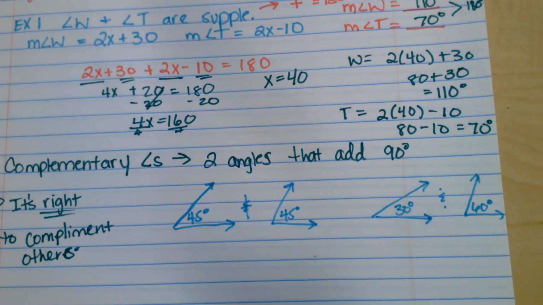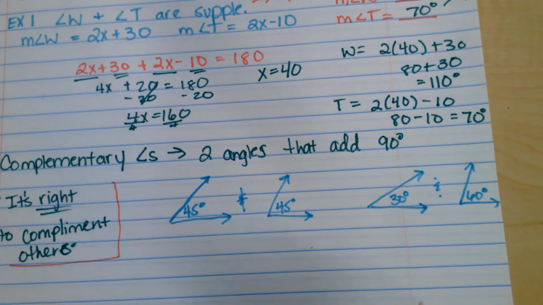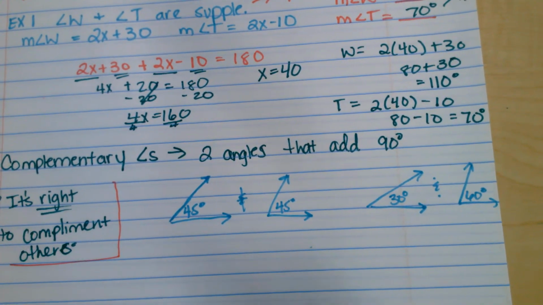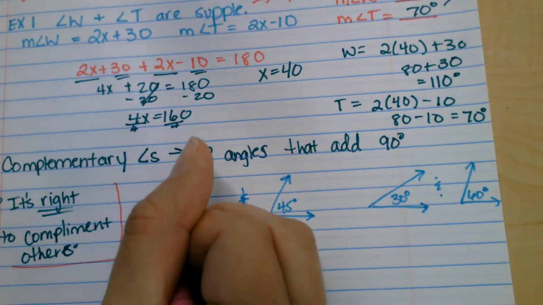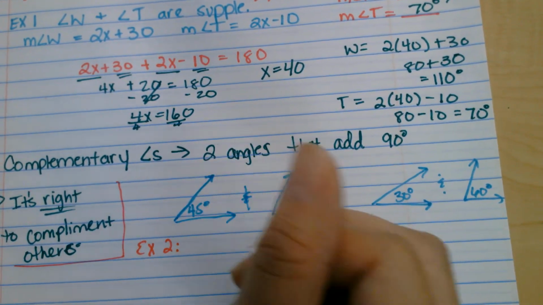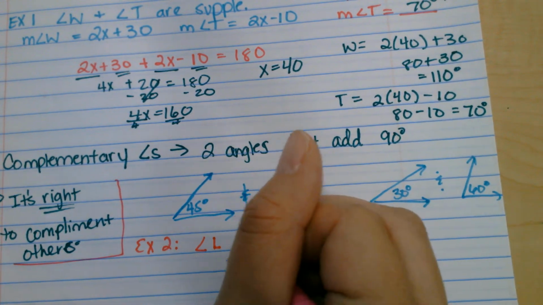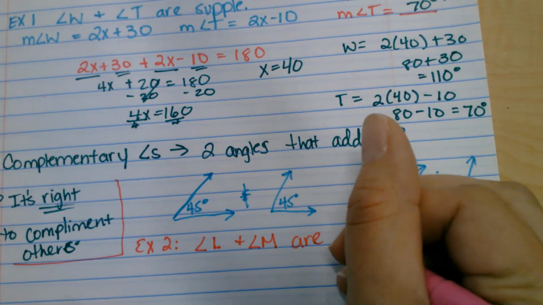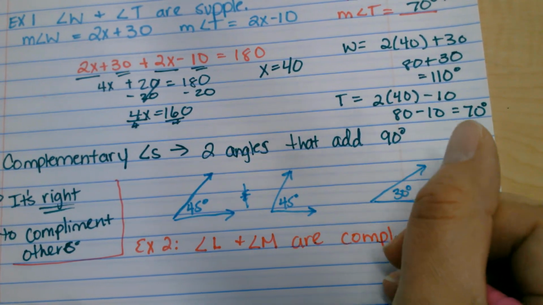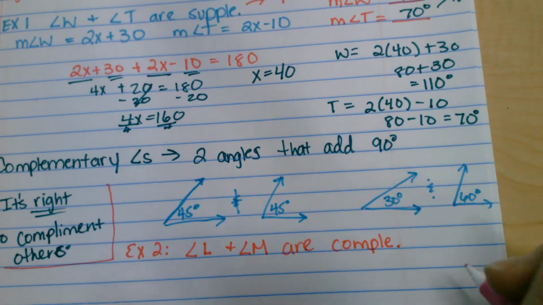And then I do have room. Sweet, I love it when I have room on the paper to do the last example and I don't have to go to another page. It's so satisfying. Example 2: angles L and M are complements, and I'm going to abbreviate that as comp.